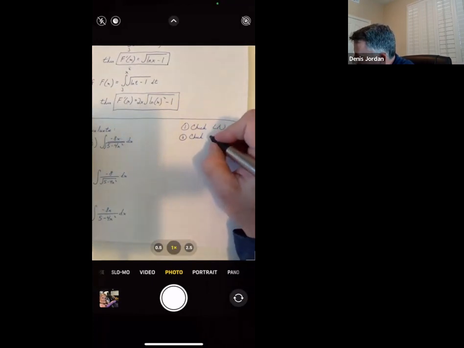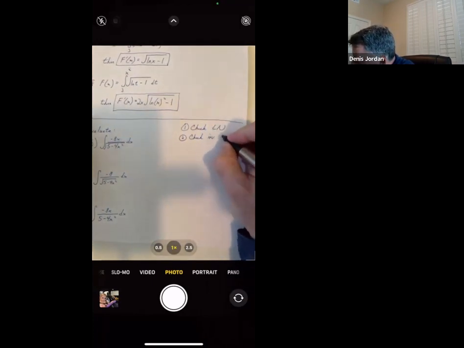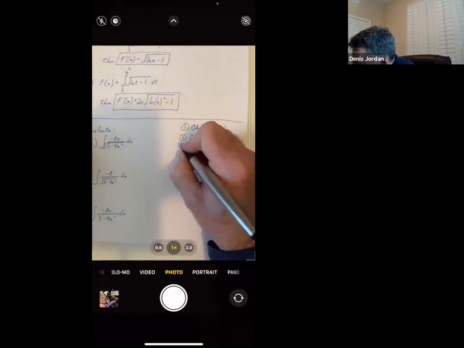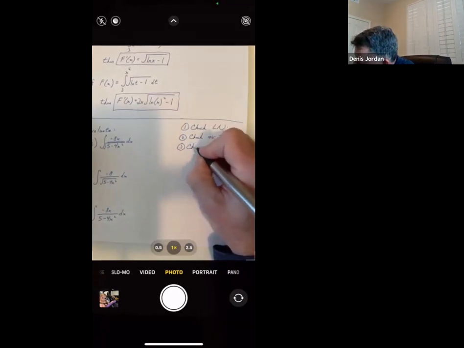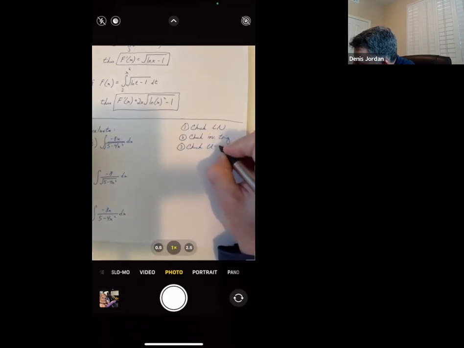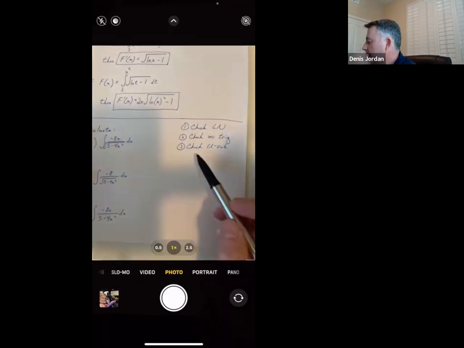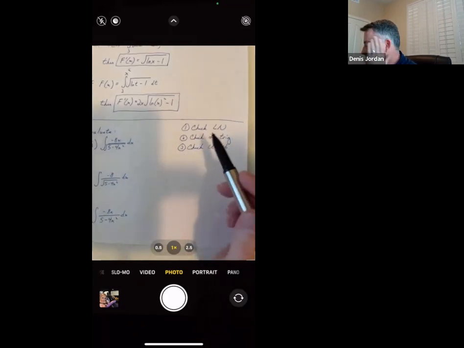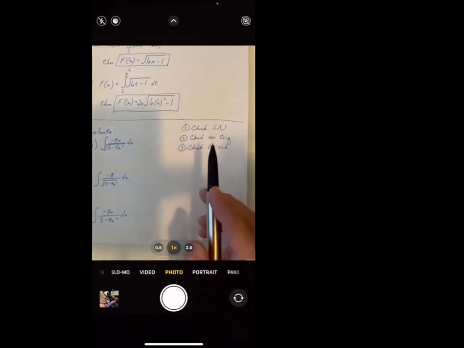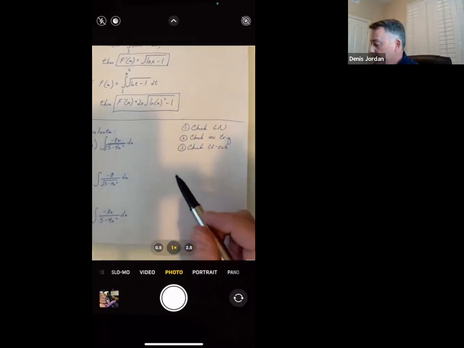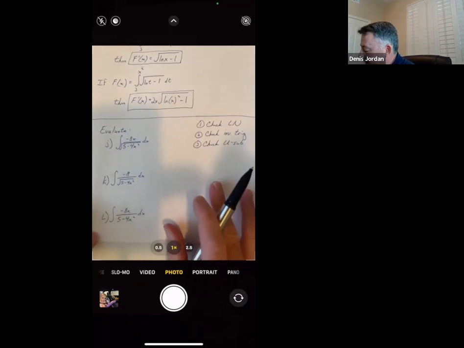You could check inverse trig, and the third thing you can check is the U sub. The second and the third can alternate, whichever one's your favorite. But I always check that first one, the ln, because it's usually pretty quick, and it's usually obvious when you don't have the derivative of the denominator.